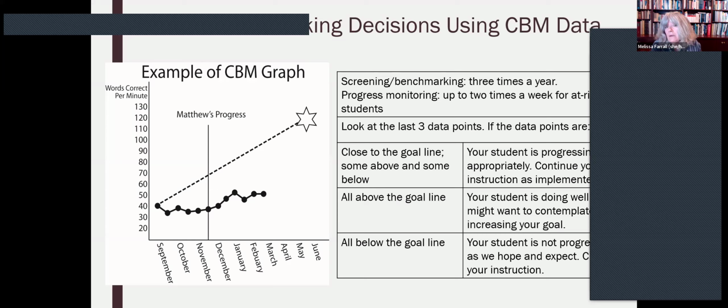But the idea is that we would do this over time and that the results would not on any given day be interpretable, but would allow us to look at trends toward the end of the year benchmark. You can see here my curriculum-based measurement graph has an end of the year benchmark of 120 words correct per minute.